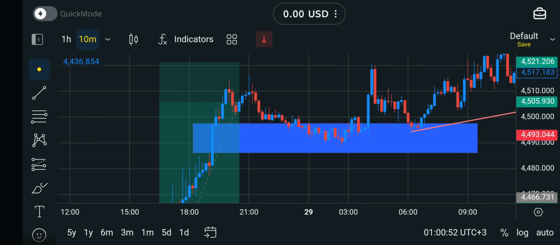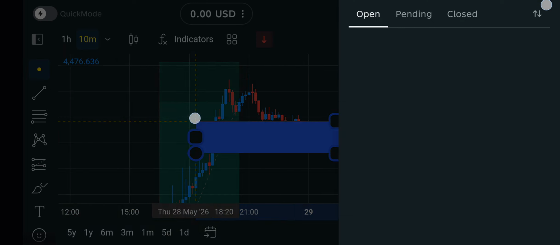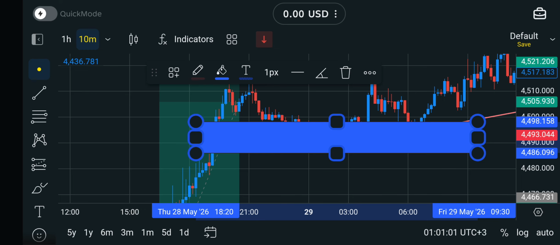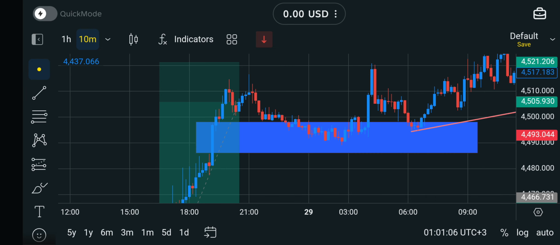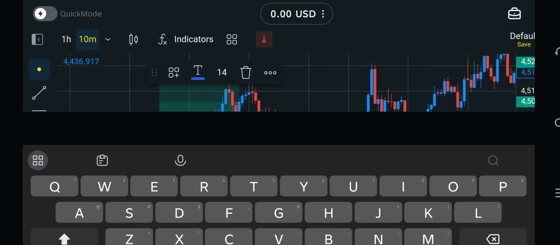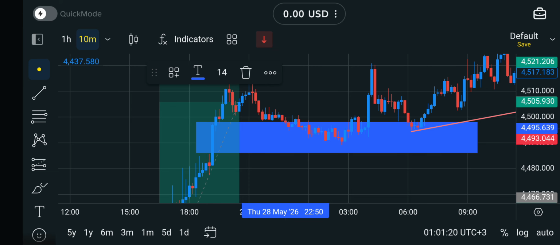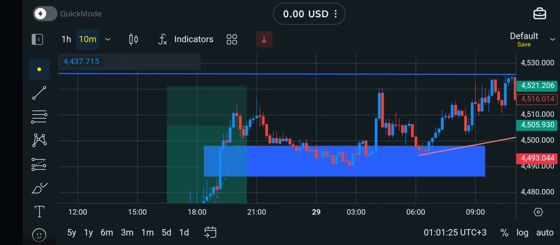The other one is here. You wait for the fair value gap, you wait for it to touch the spot, and wait for a market structure shift. We call it market structure shift.